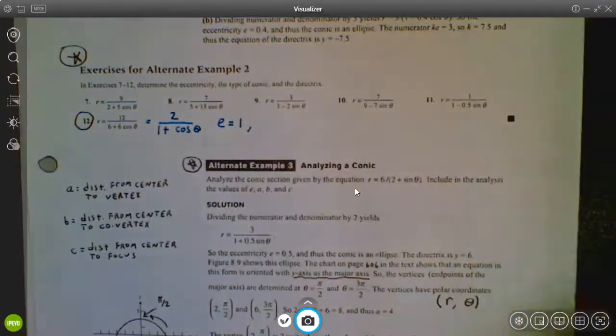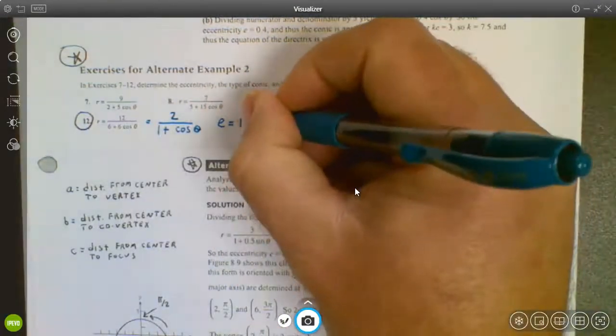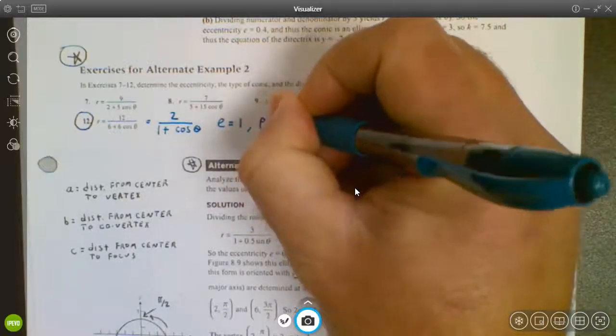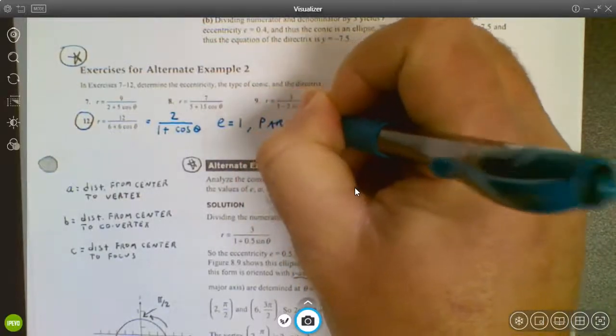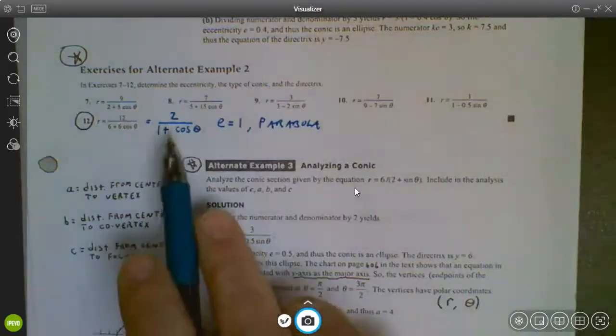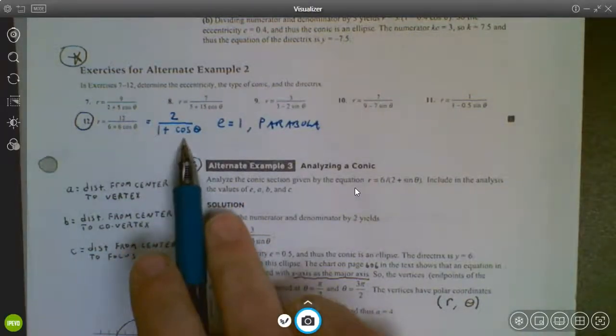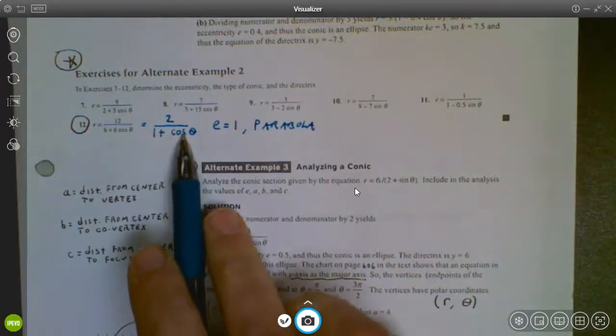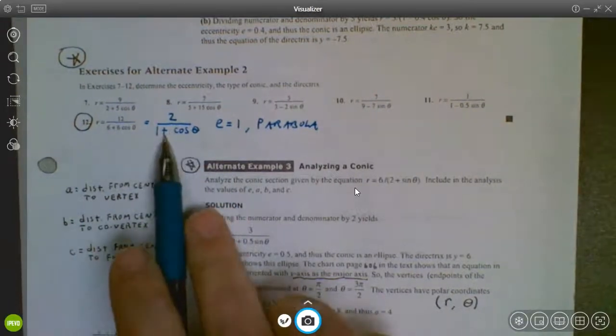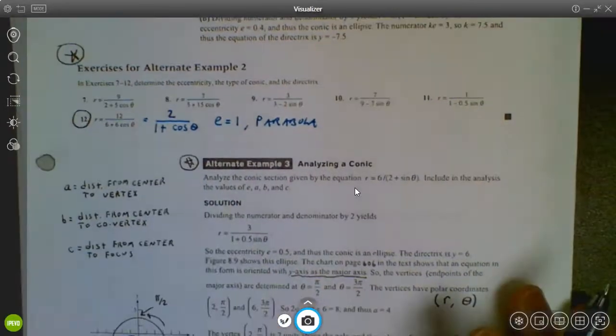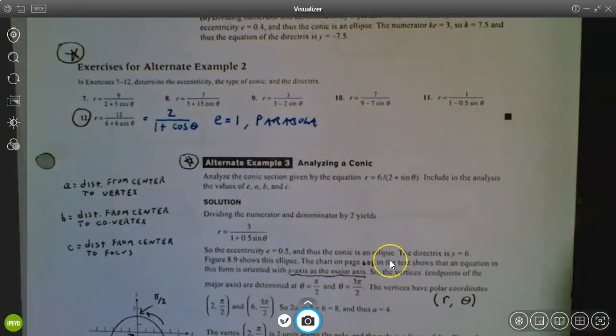That also tells me that it is a parabola. And I can see by this that this is a parabola that is opening to the left, because that's a plus and that's a cosine. And so based on that, I know it's going to open to the left.